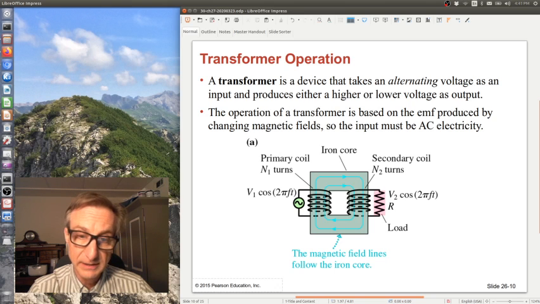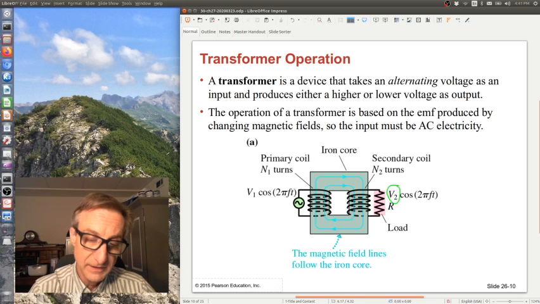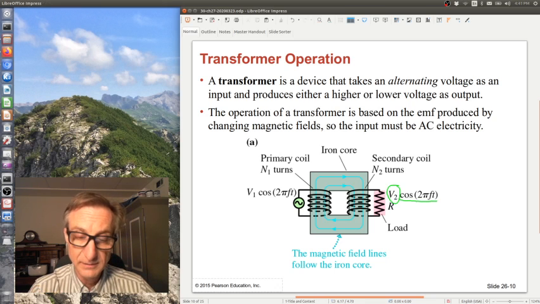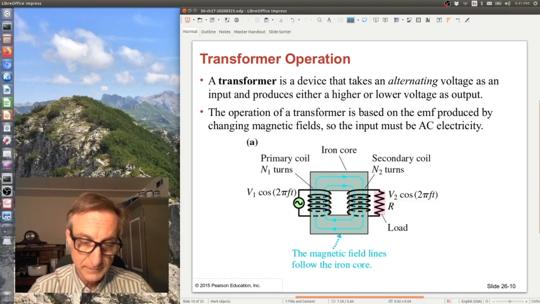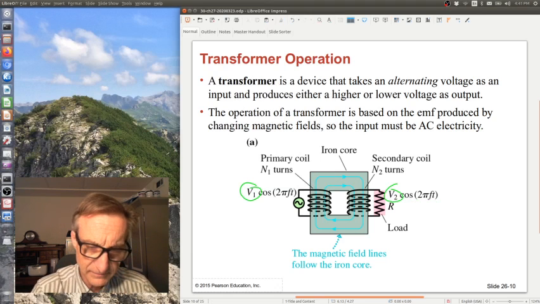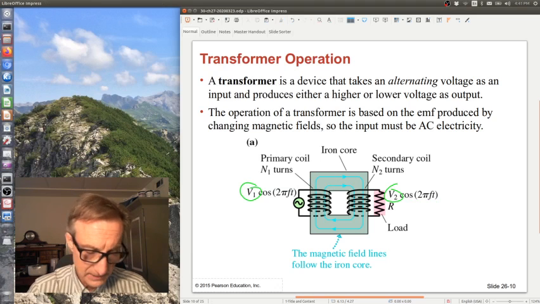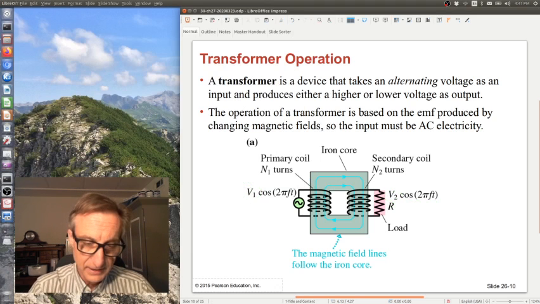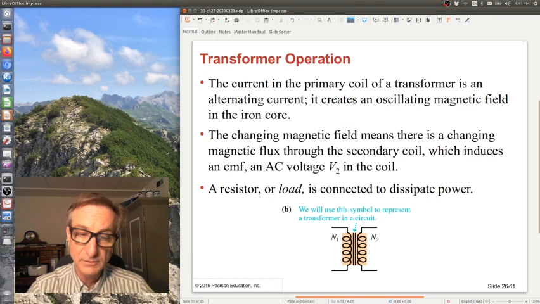They all add up like a string of batteries to create an overall V2. And that V2 peak voltage is going to also be modified by cosine 2 pi ft so that it's a sinusoid. Notice we have V1 on the primary side and V2 on the secondary side.